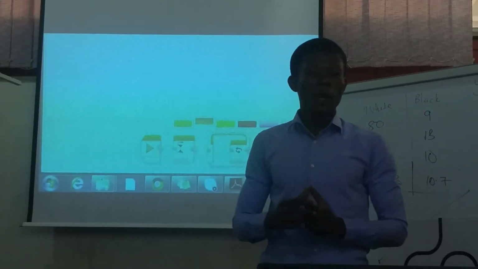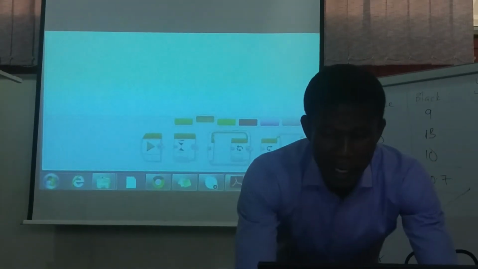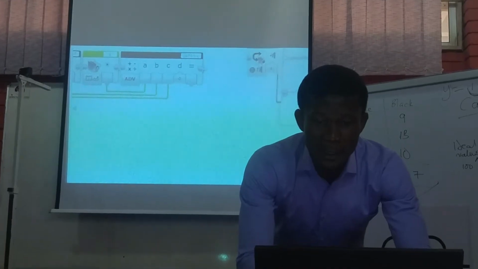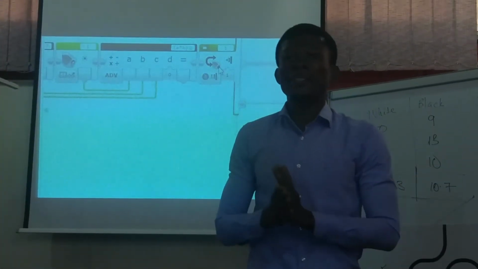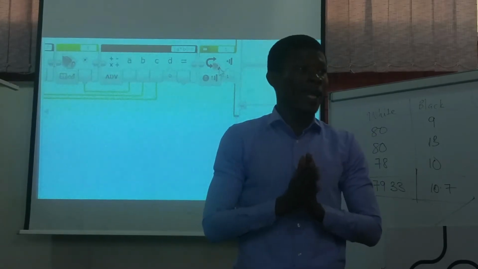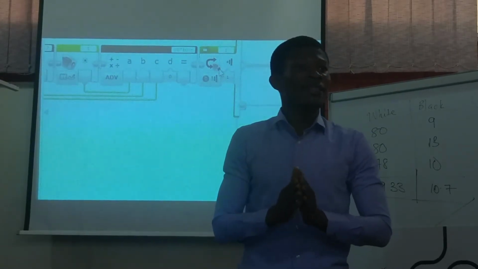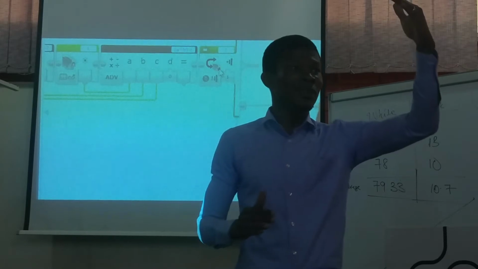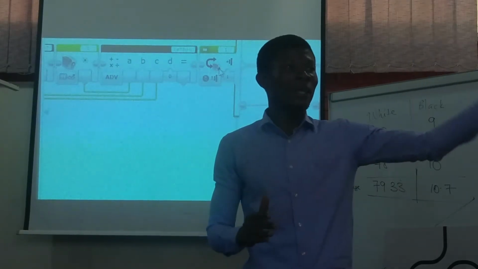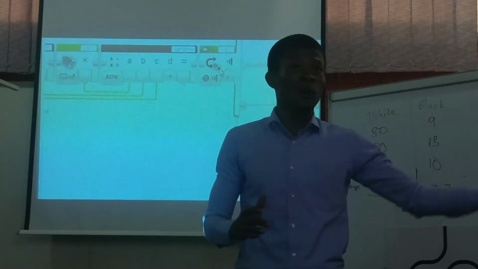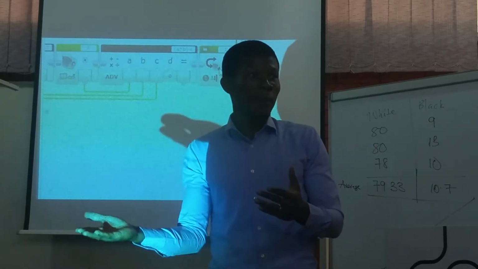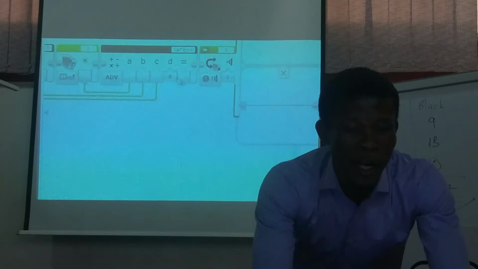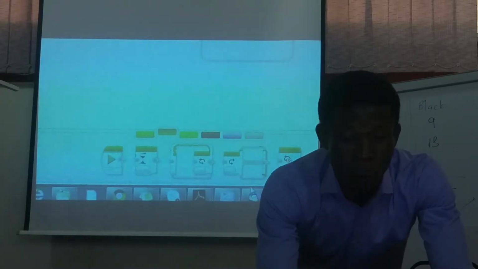I follow you. So we are going to say there is a decision to be taken. And this decision we are going to take depends on a value coming from the light sensor. If the light sensor value is above 50, what it means is that we know we are in the white, or we are getting too much into the white. If it is below 50, we know we are getting too much where? Into the black. So it means the value that is coming out of here, we must compare.